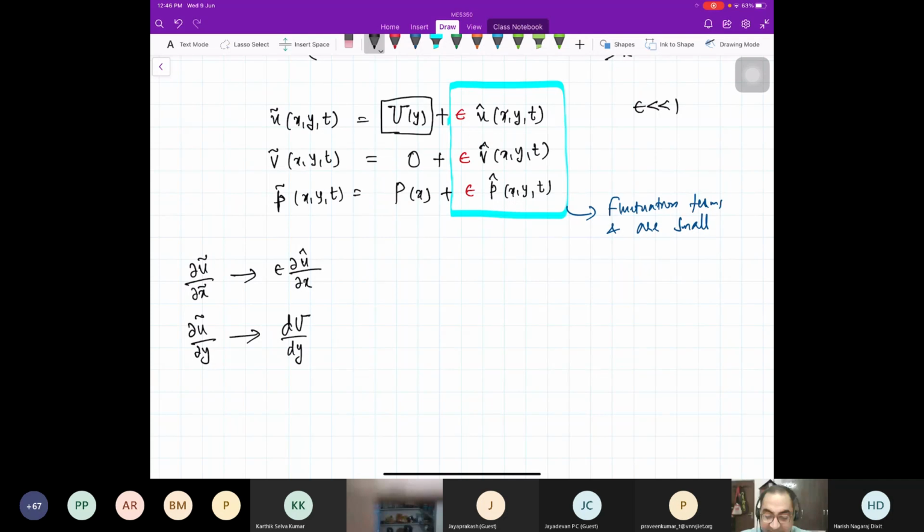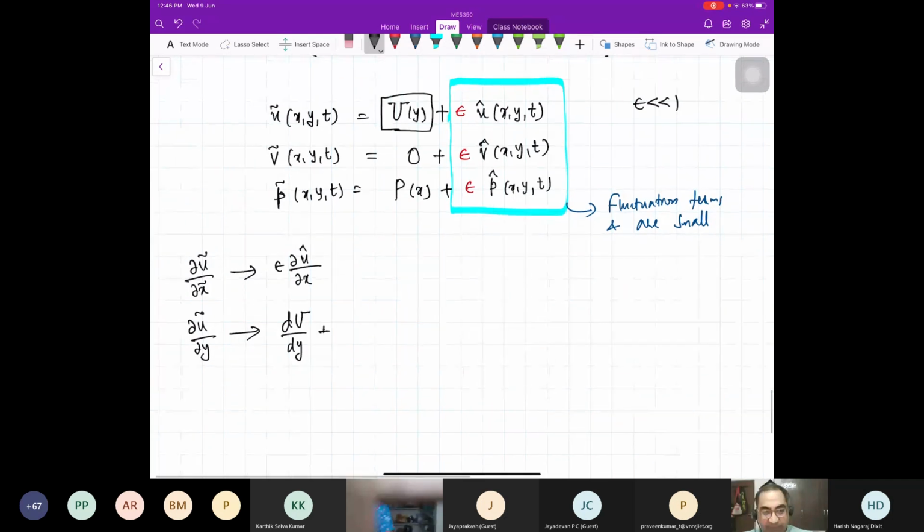I have this derivative plus I have epsilon times a derivative with respect to u hat, so that will be partial u hat by del y. Note that in the first term I wrote a total derivative because capital U is a function of y alone. But in the second term I wrote a partial derivative because small u hat is a function of x, y, and t, all three variables. Similarly, you can write other variables.